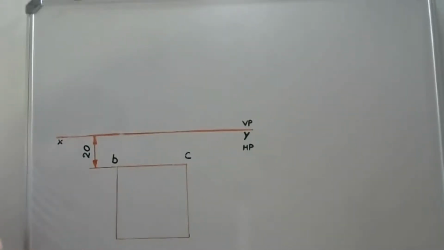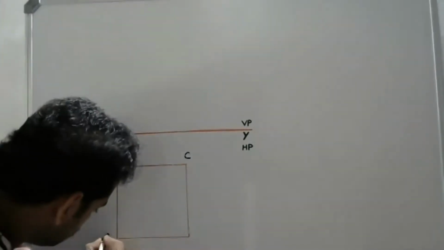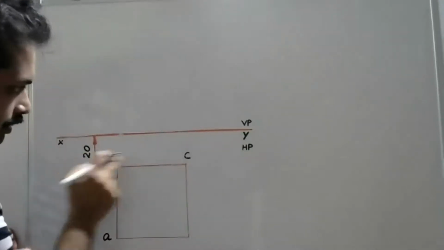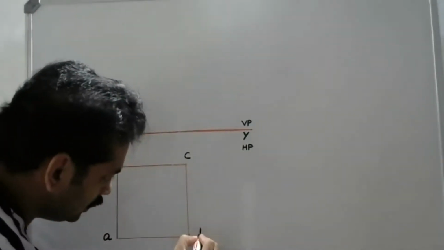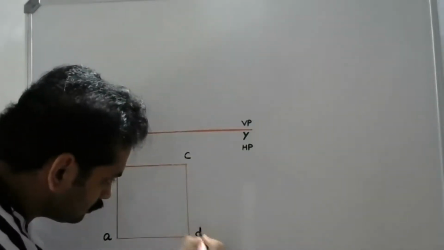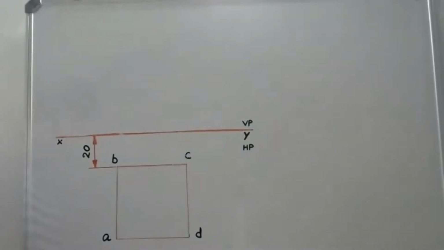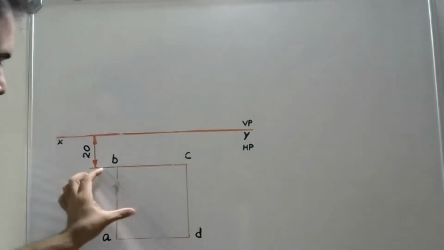Then name the 4 base corners: A, B, C, and D. Then join the diagonals, because in the top view we can see the apex and 4 lateral triangles.